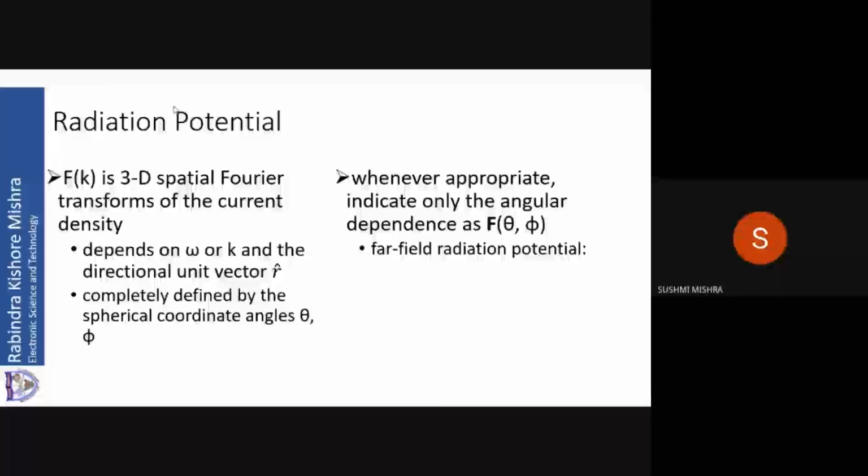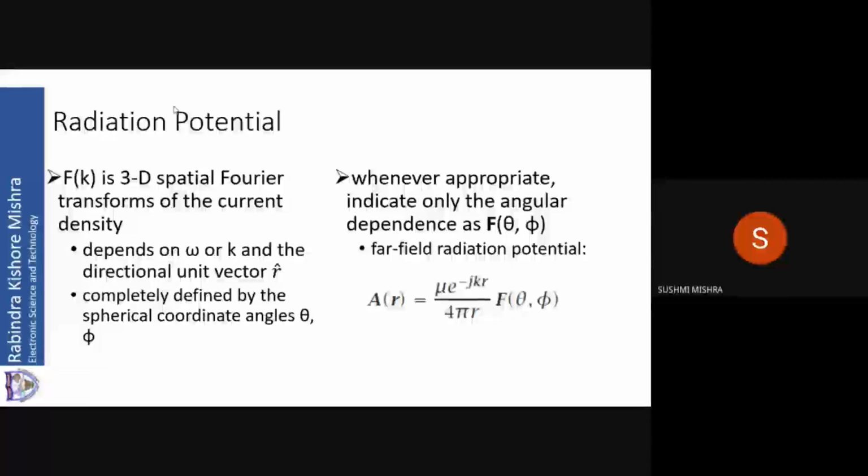So for the radiation field, if we use this, then the vector potential will be given as A, which is mu e to the power minus jkr upon 4 pi r times F(theta, phi). Now you can ask me one question.